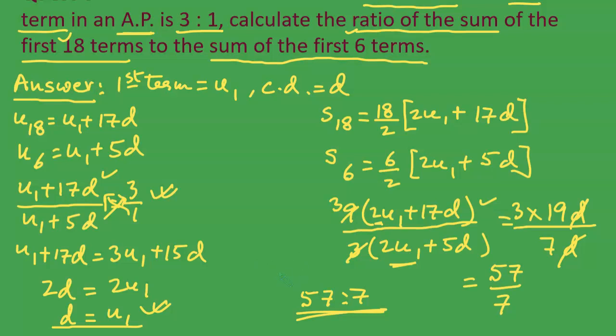It was so simple. So, do not just by reading the question assume that you will not be able to solve it. Try. Therefore, the answer for this one will be 57:7. This is our answer.